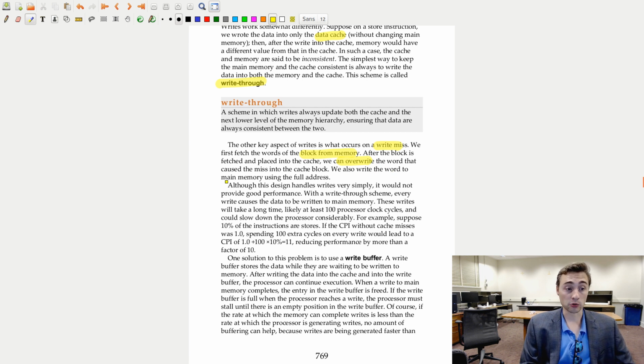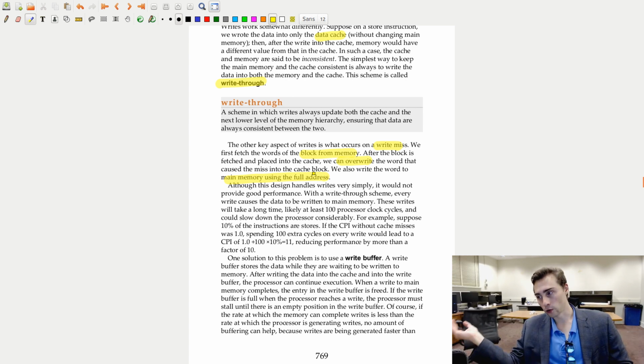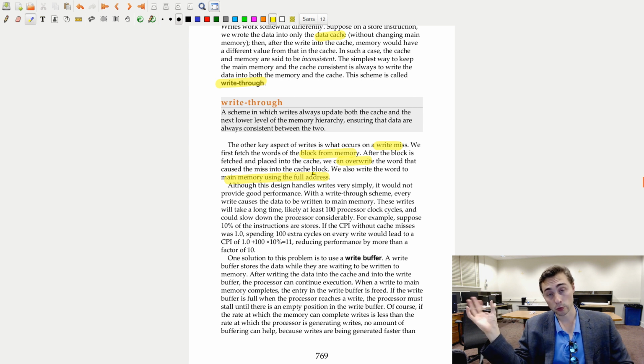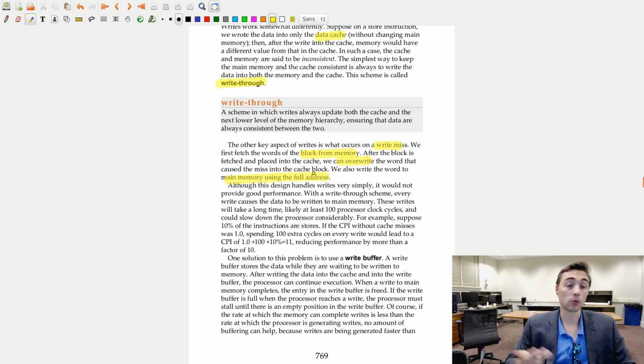We also write the word to main memory using the full address. So if we have a write miss, we have to go to main memory, usually main memory, not disk. We pull in where we're writing to, overwrite it, and then send it back to main memory with a write-through cache.